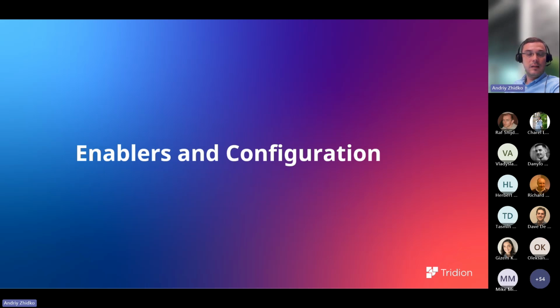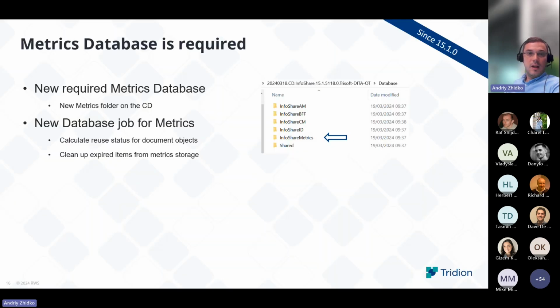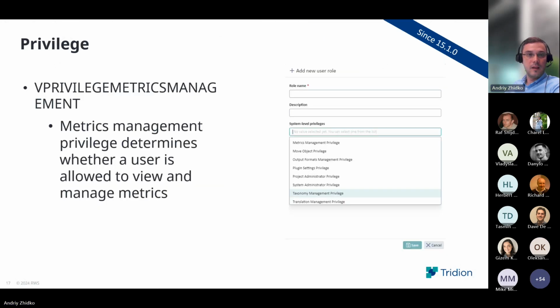Let's cover enablers and configurations for the metrics feature. As I mentioned earlier in the presentation, there is a new mandatory metrics database, as well as a new metrics database job that calculates reuse status for document objects and cleans up expired items from metrics storage.